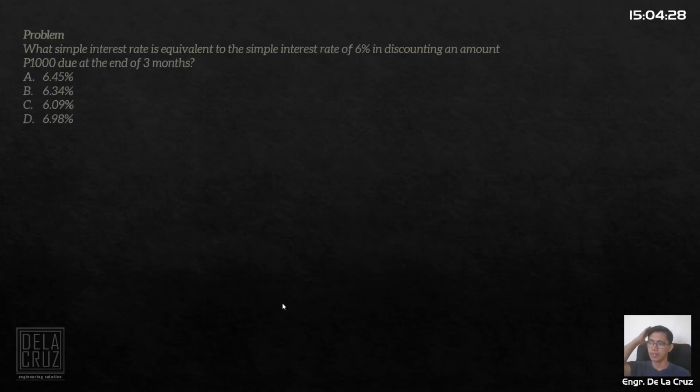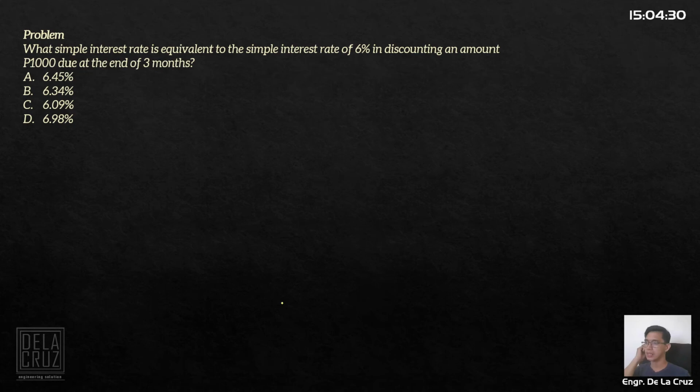How about this one? What simple interest rate is equivalent to simple interest rate of 6% in discounting an amount due an amount 1,000 pesos due at the end of 3 months. So, paano yan intindihin? No? Diniscount yung ating amount daw.